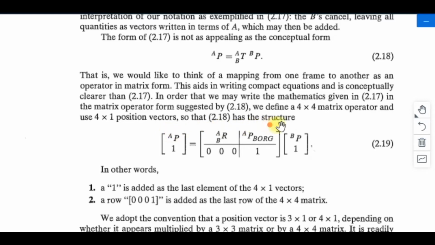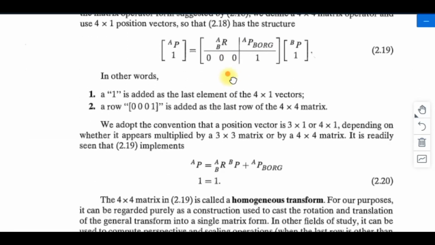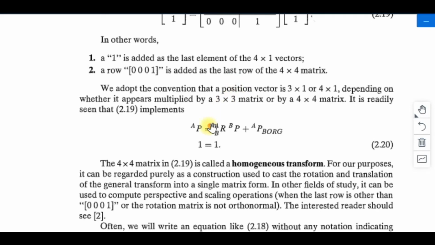Now this complete matrix is the transformation matrix, meaning that you transform from one coordinate system to another, and this is called the homogeneous transform. So it is a homogeneous transformation.